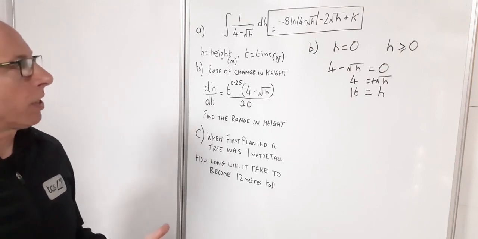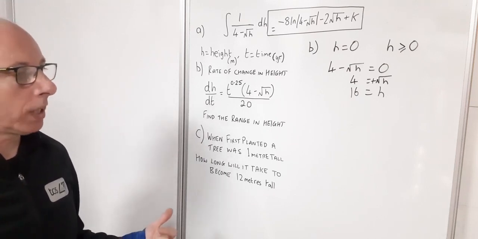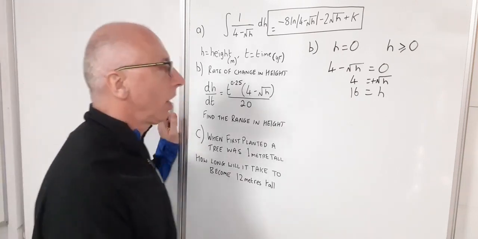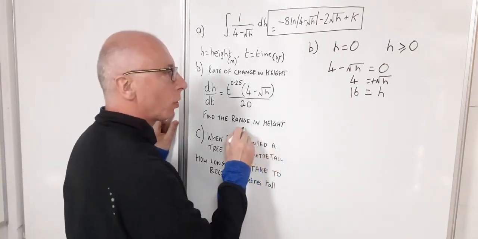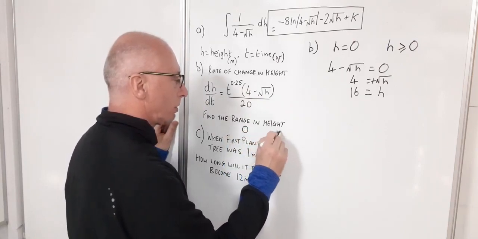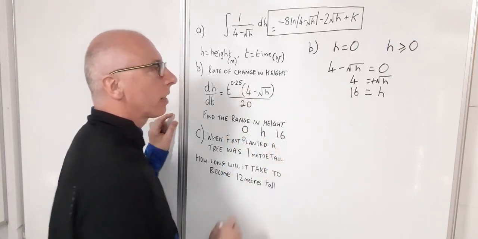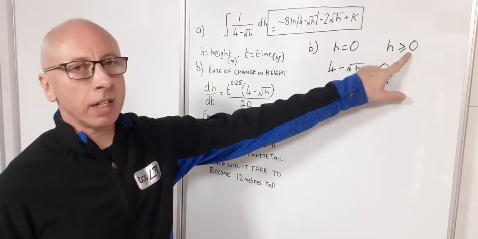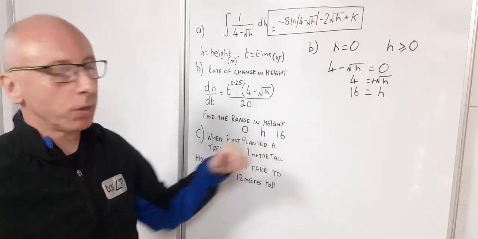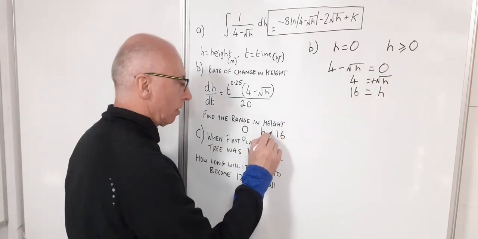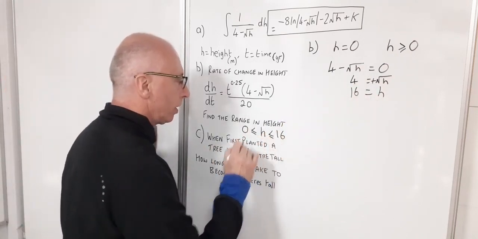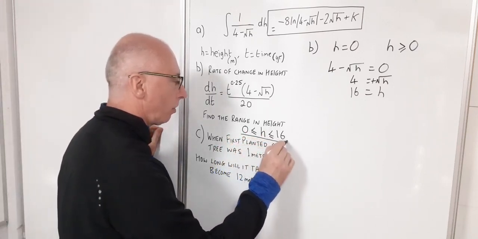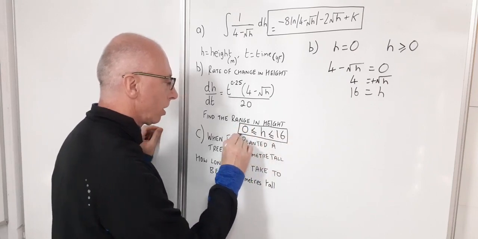So what we want is the height of the tree to be between 0 and 16. So we've got the height of the tree is between 0 and 16, and that's our height. And our inequality, we can put on there greater than or equal to 0 and less than or equal to 16. So put our inequality signs in that direction. So that's the range in height of our tree.